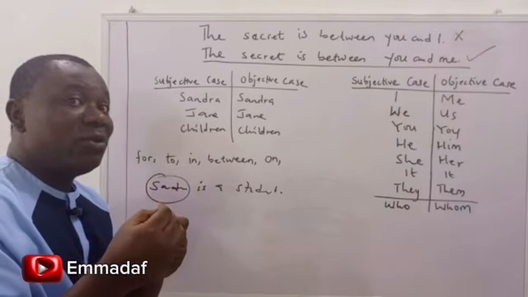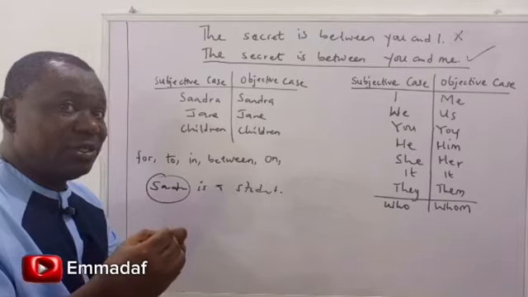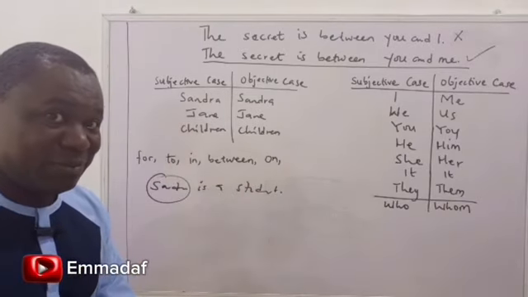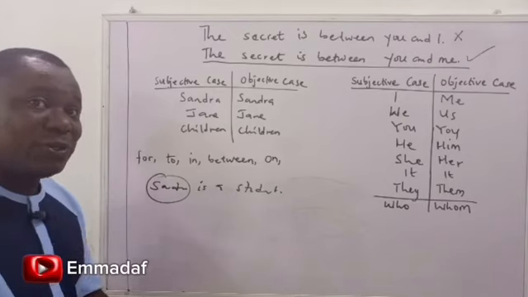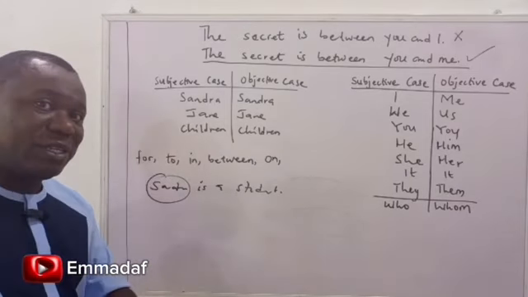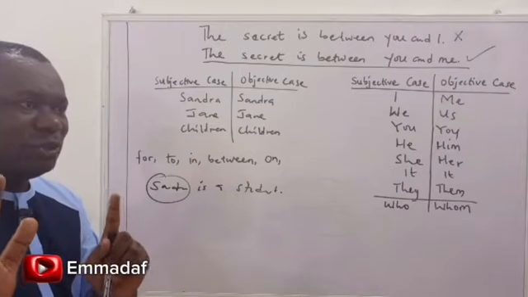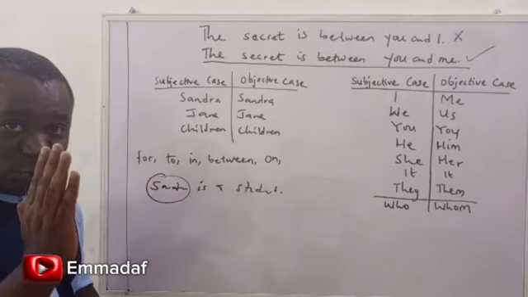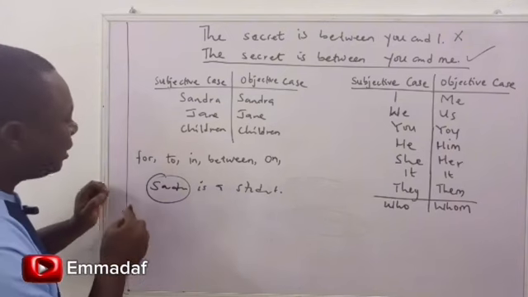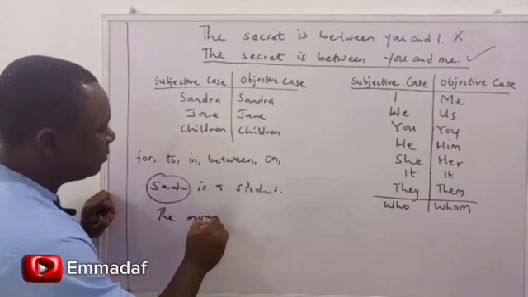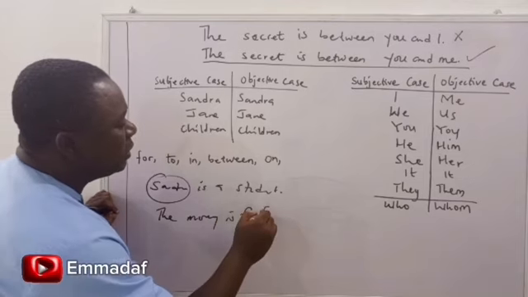Once a noun functions as the subject of a sentence, we say the noun is in the subjective case. When the noun also functions as a predicate noun, it is also the subject of the sentence. But don't bother about that. I'm going to address that in subsequent videos. Let's focus on what we want to do for today. Now, the money is for Sandra.